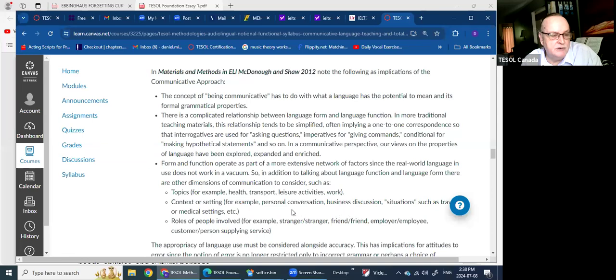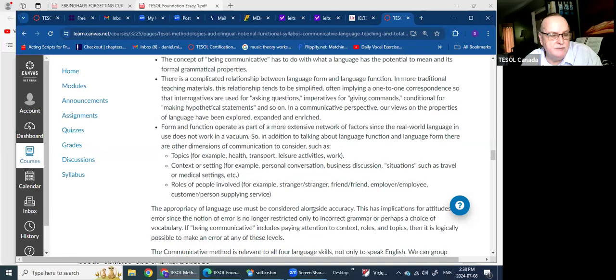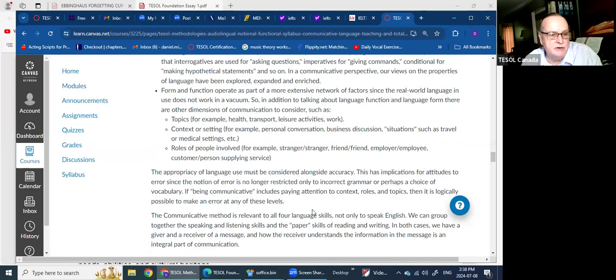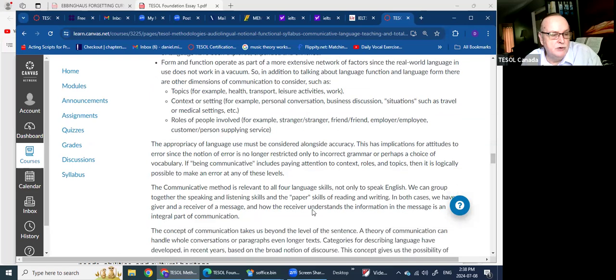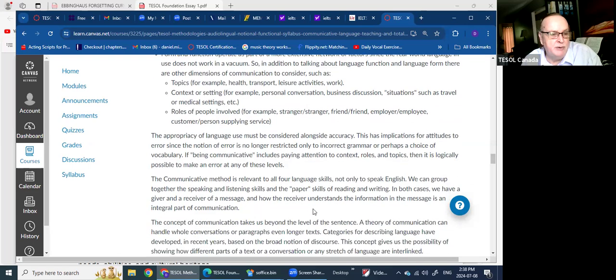Context or setting, for example, personal conversation, business discussion, situations such as travel or medical settings, etc. The roles of people involved, for example, stranger and stranger, friend and friend, employer and employee, customer and the person supplying the service. The appropriacy of language use must be considered alongside accuracy.